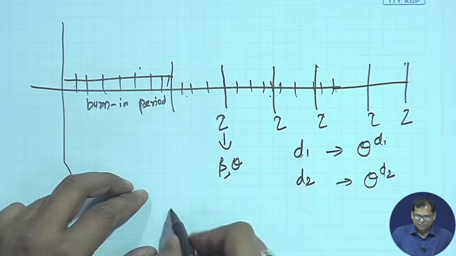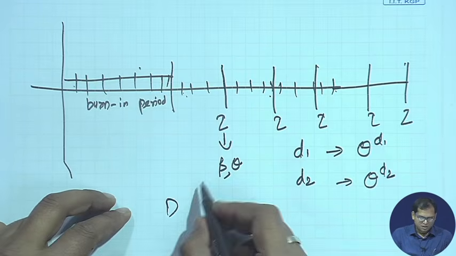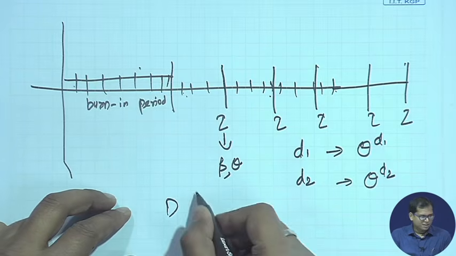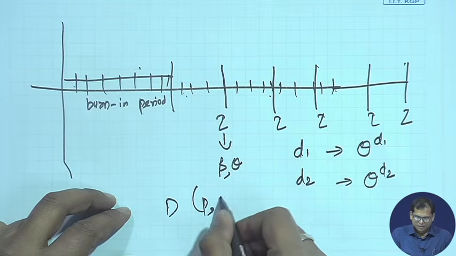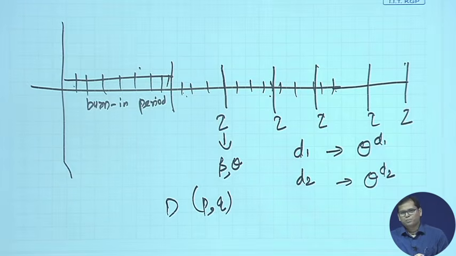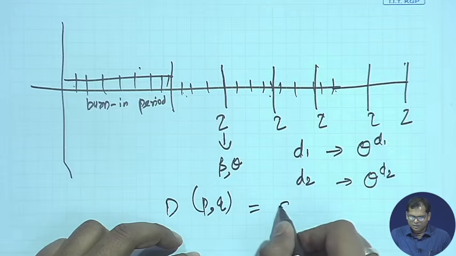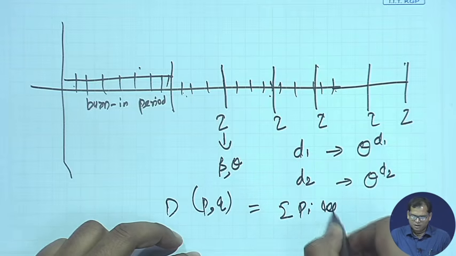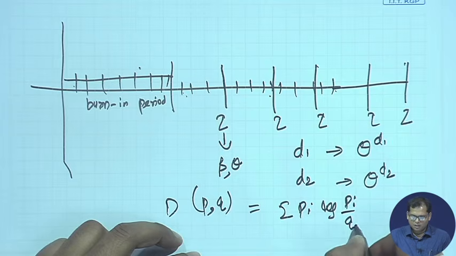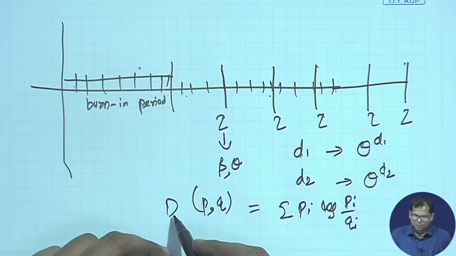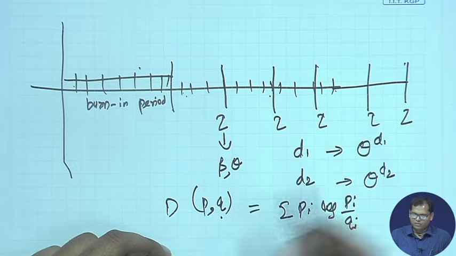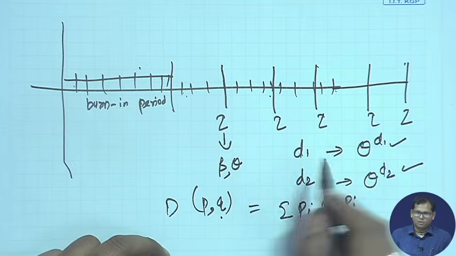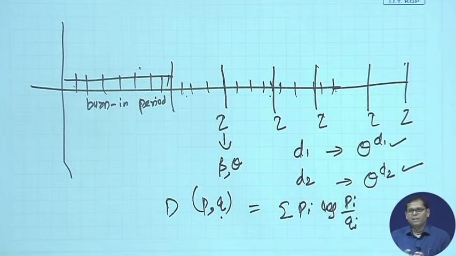Now, I can say the distance between two distributions P and Q, I can use the KL divergence, summation Pi log Pi by Qi. So, now I compute the KL divergence between the two topic distributions for D1 and D2, and that will give me the distance between the two documents.